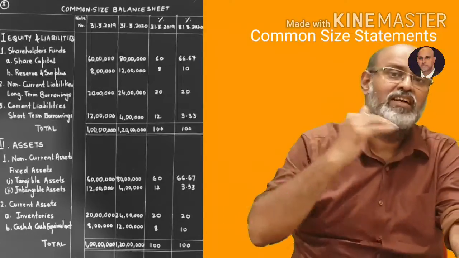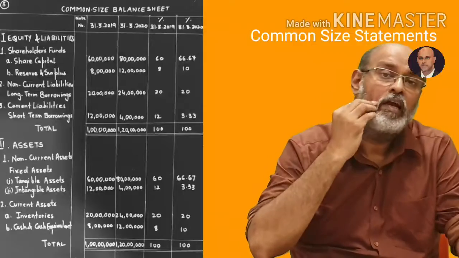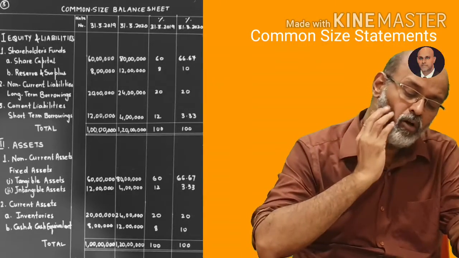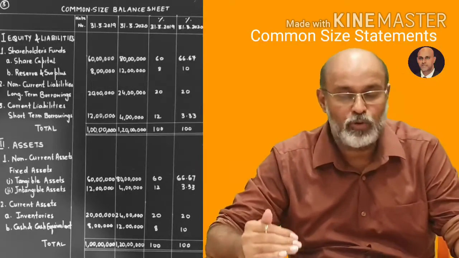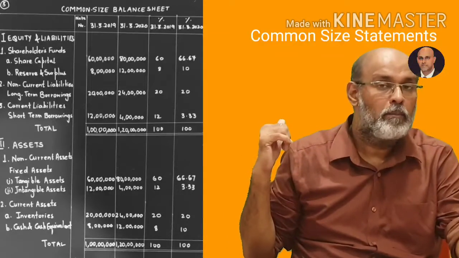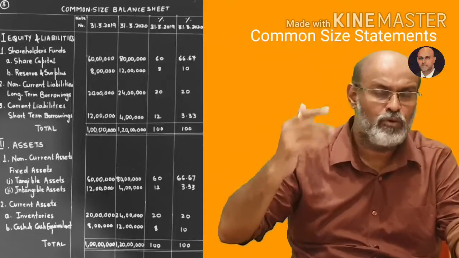So 8 lakhs divided by 1 crore multiplied by 100 will give you 8%. Okay, so that was your assets of the previous year. If you total 60 plus 12 plus 20 plus 8, that will give you 100.